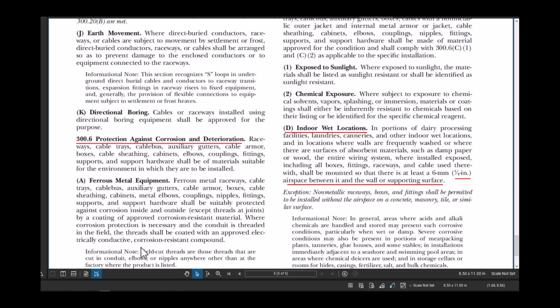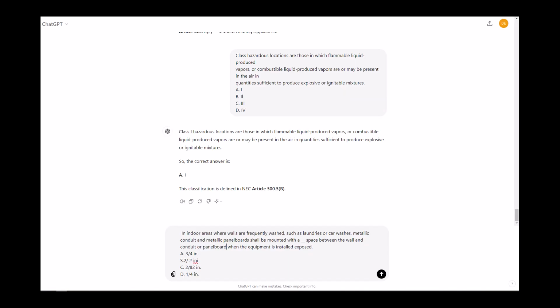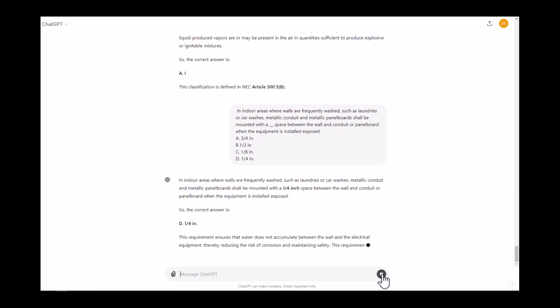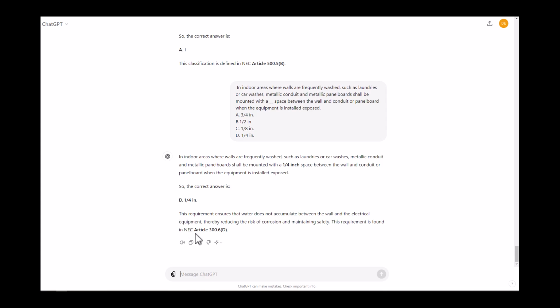And if we go to ChatGPT, I already put the question, and let's see what the answer is. One-quarter inch, 300.6D, which is the correct answer.